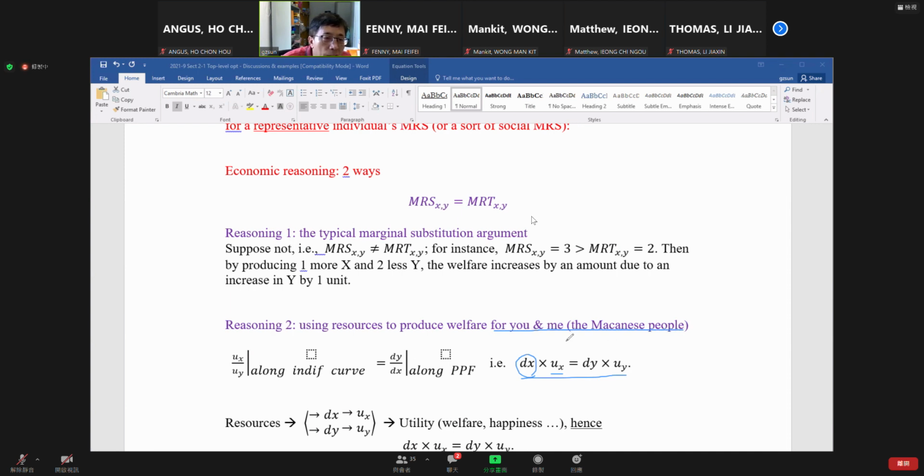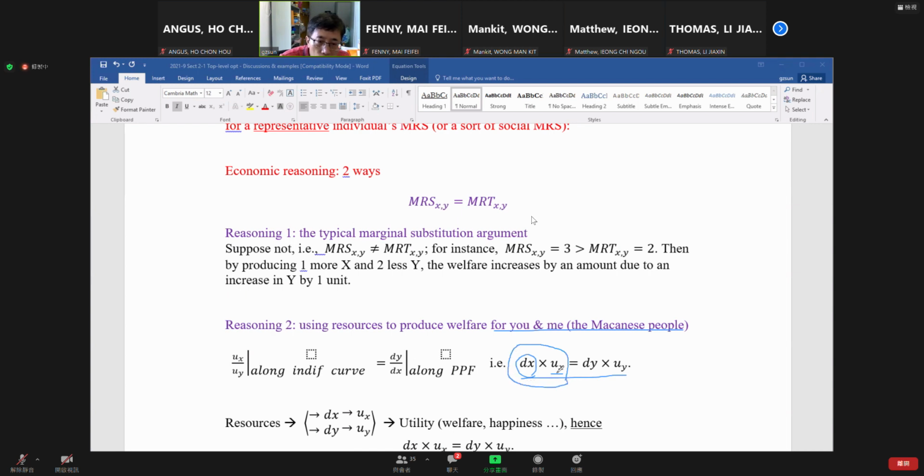So remember, here we are talking about the representative individual. We are all the same. So therefore, we can randomly take anybody from the street, from our society. Let's focus on that person. If we increase dx, that person's utility will increase by this much.